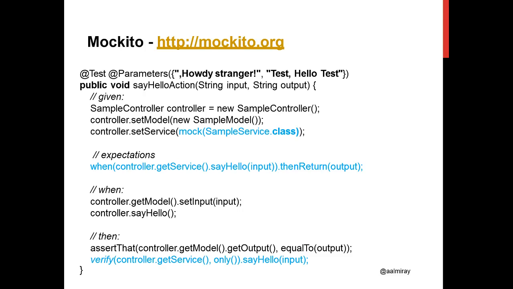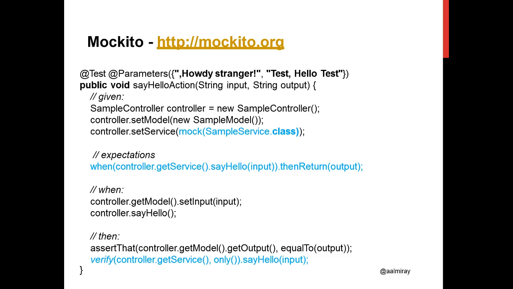Then we define our expectations using the when block. So here what we're saying is that we grab a reference to the mock, because this is controller get service. We invoke the method, or it appears like we invoke the method, say hello with certain input. Notice that we're using parameterization. And if this expectation is matched, then we return certain output, which is also coming from parameterization.